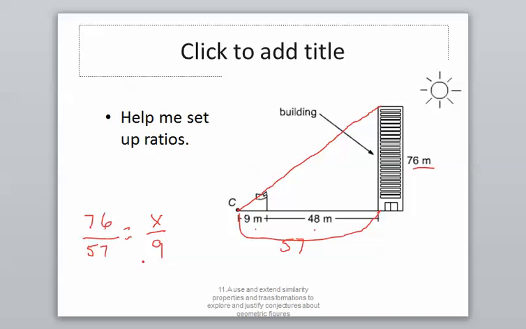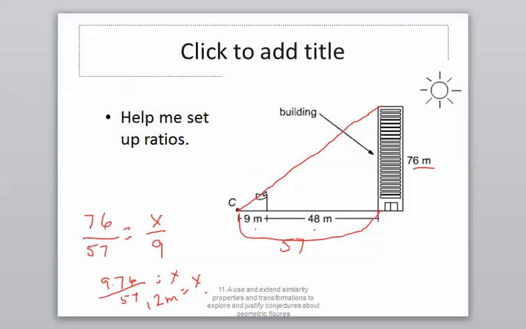And you just do cross multiplication. 9 times 76 divided by 57 is going to be equal to x. Okay? And so I can work this out in my calculator. 9 times 76 divided by 57 is equal to 12. So that flagpole is 12 meters high. Cool?